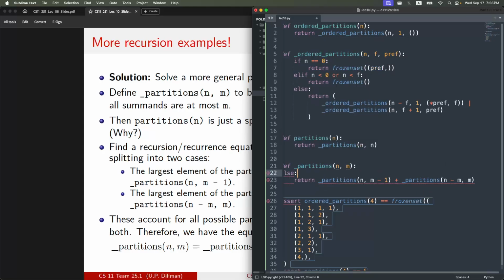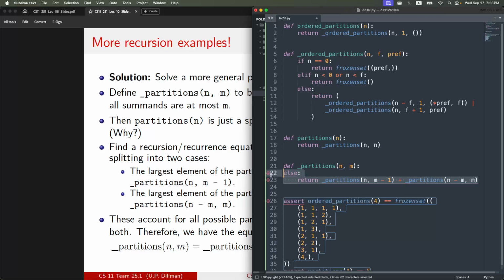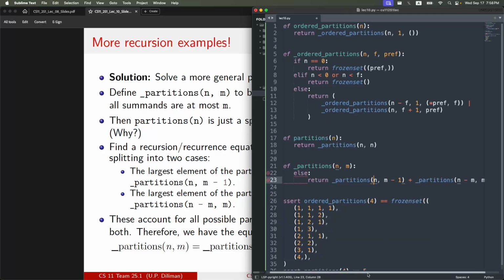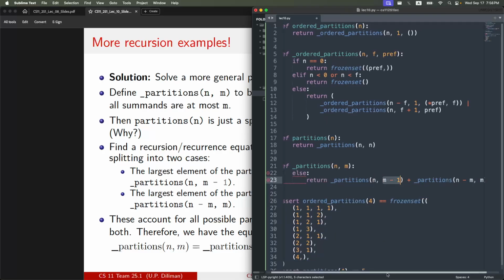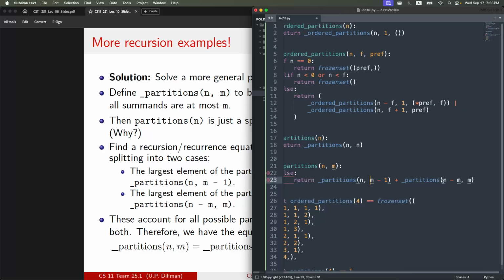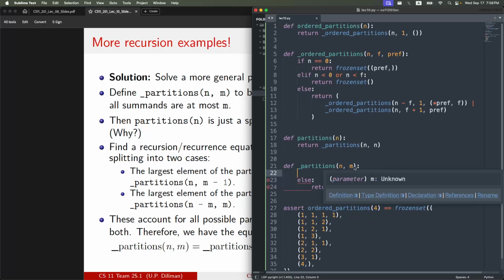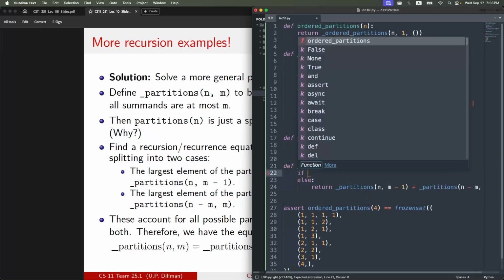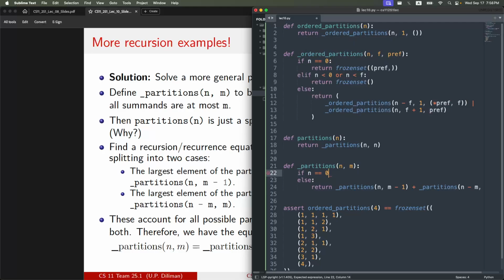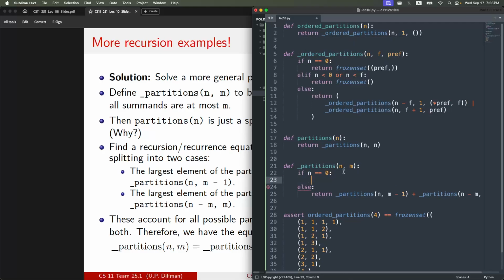Of course, this is recursion, we need a base case. Let's see where our smaller problems lead us. So we are subtracting, m becomes smaller, and n also becomes smaller. So when are the cases where we have problems that are easy to solve? If n is equal to 0, what's the answer? There's only one way to partition 0 regardless of m.